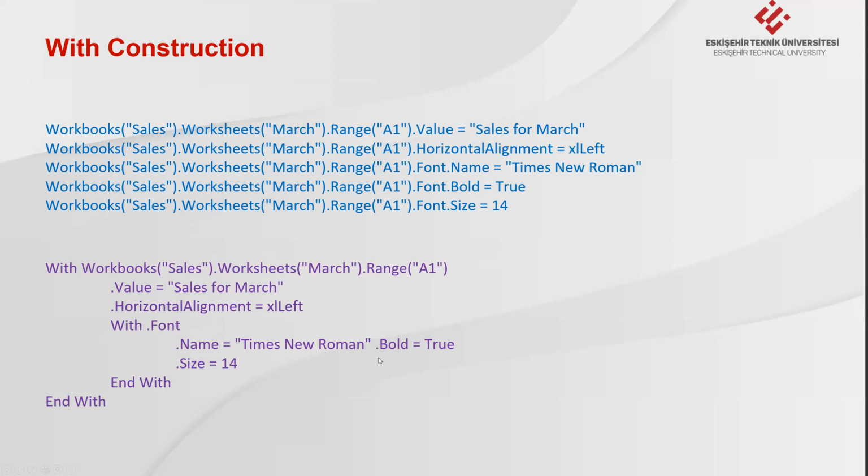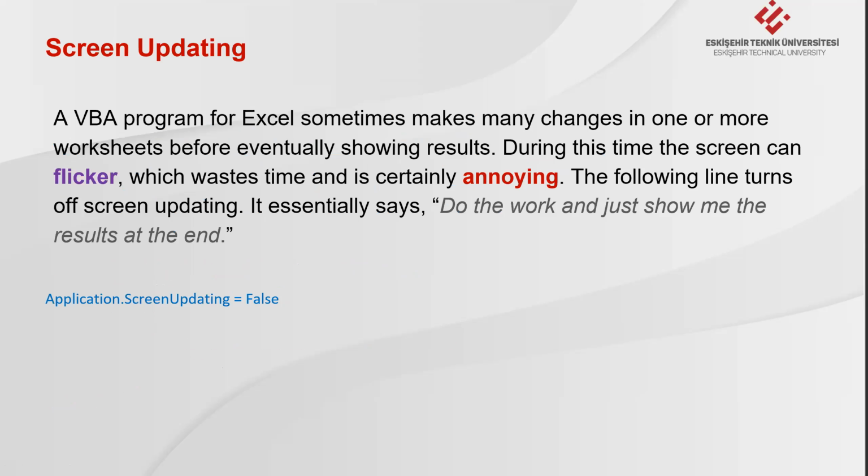This should be at the second line, sorry. Then .Bold true and .Size 14. You just indicate where your With statement in here ends. So for this one you use here, and for this one you use here. It's a good way to make your life easier.